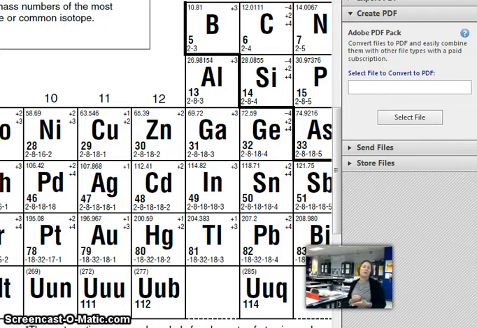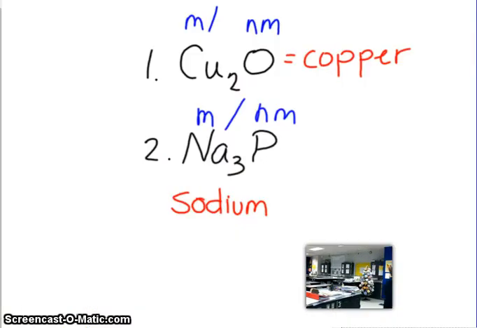There is more than one charge in copper's box. And when there is more than one charge in the box for your metal only, you must indicate that by putting parentheses after the name of the metal.